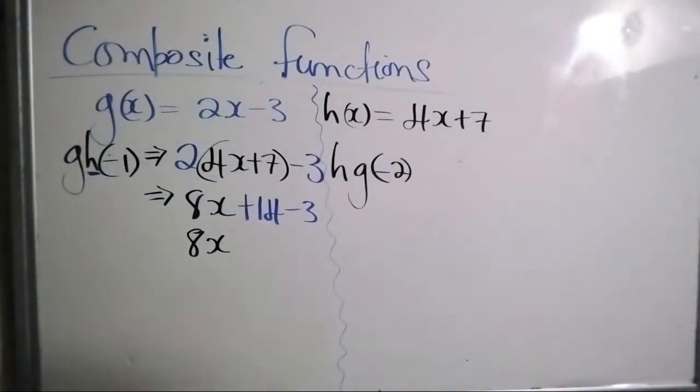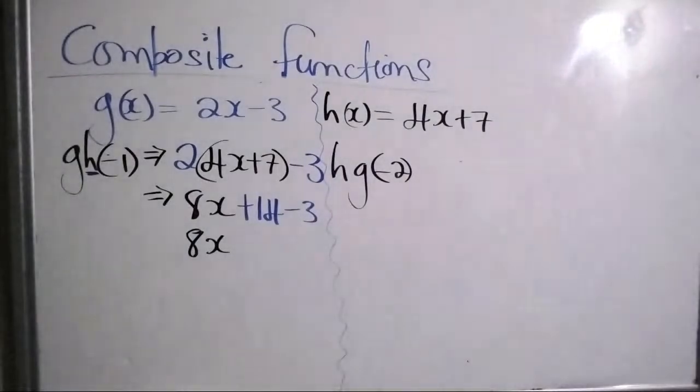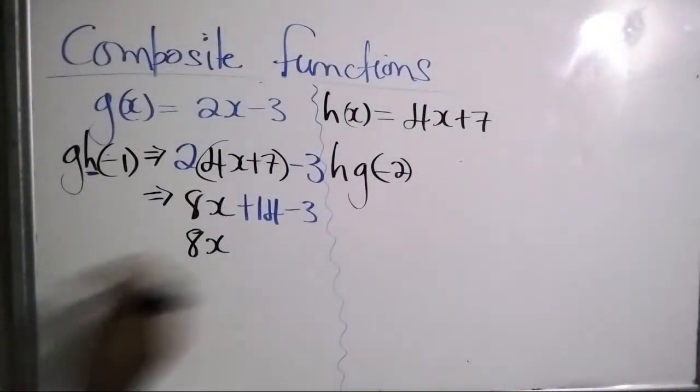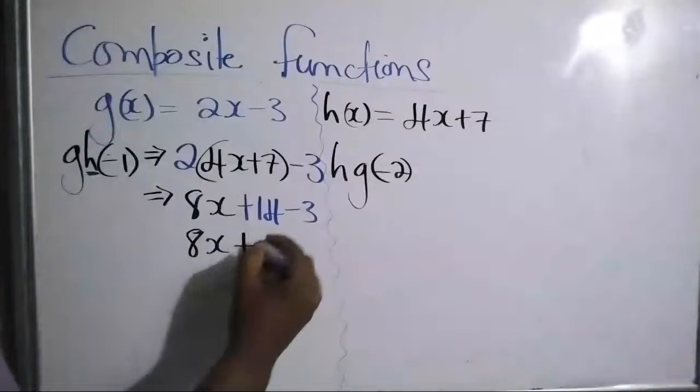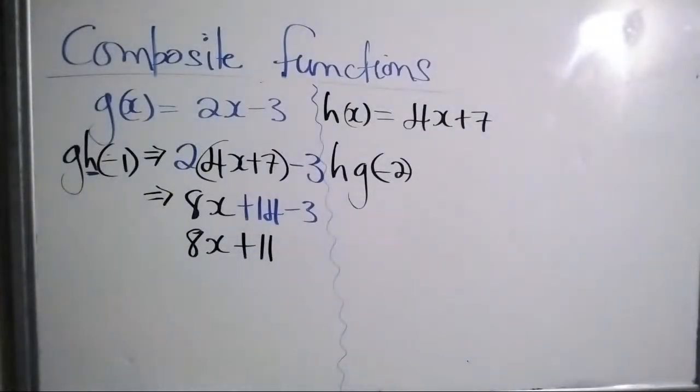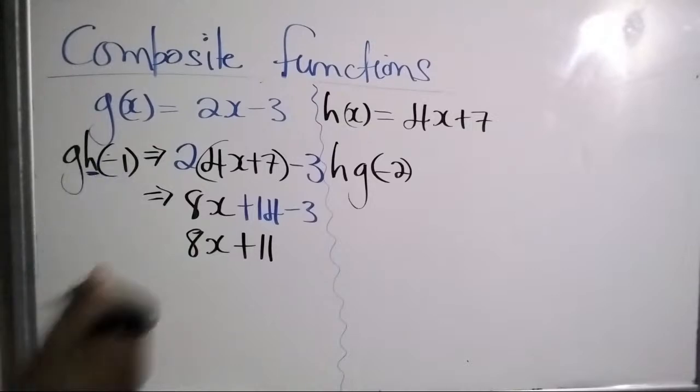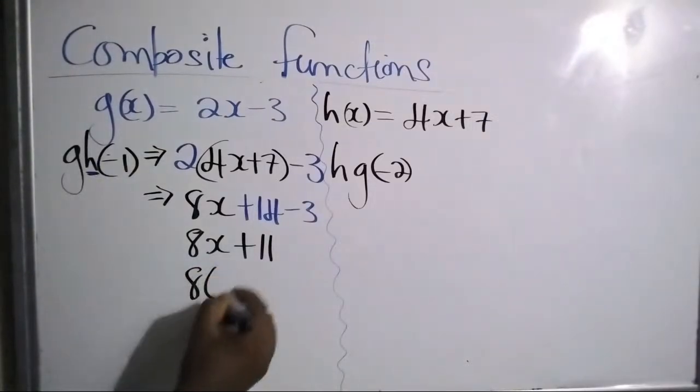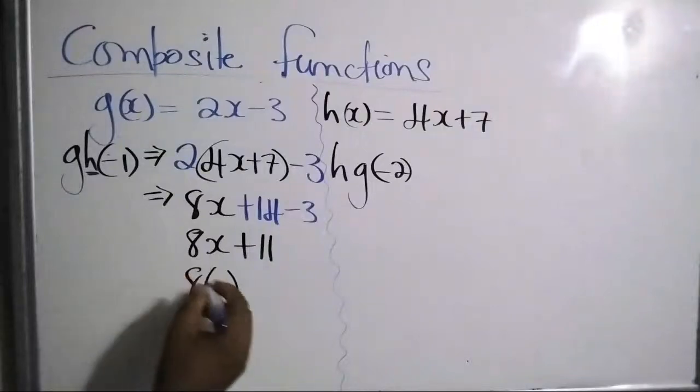So all we have to do is subtract, right? We have 14 subtract 3, that should give us 11. Alright. So now all we're doing is substituting -1. Anywhere we see x, we replace it with -1.